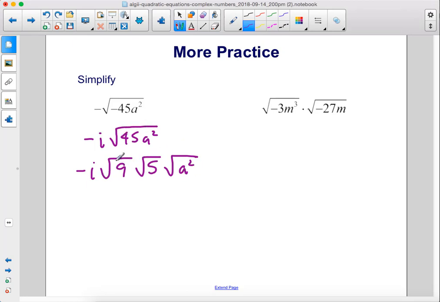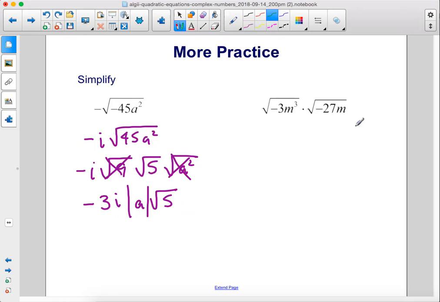Then we can take the square root of 9, which is 3, so we have negative 3, so now we got rid of that one. i times the absolute value of a, because the square root of a squared is the absolute value of a, times the square root of 5, which we cannot simplify further. So that is our answer.